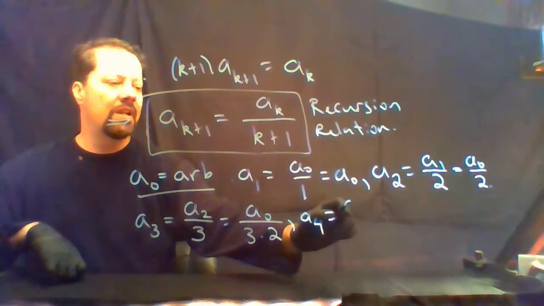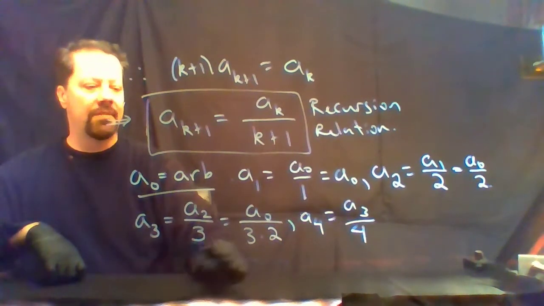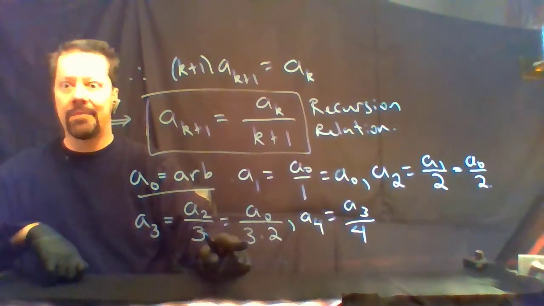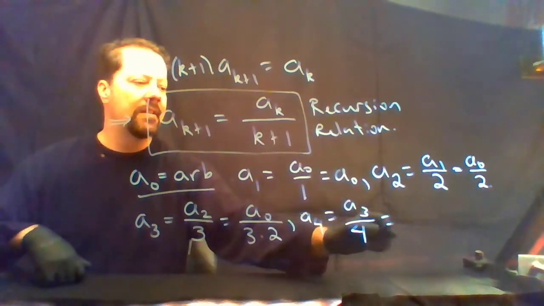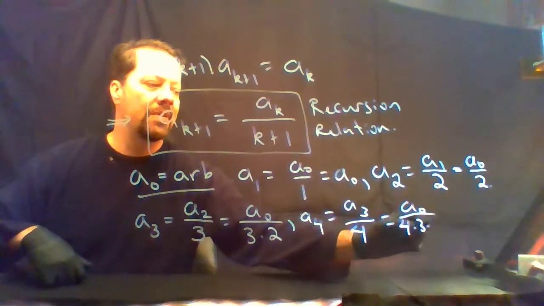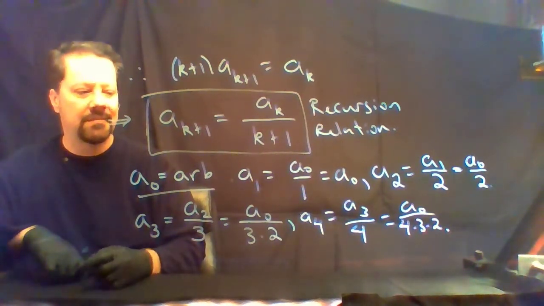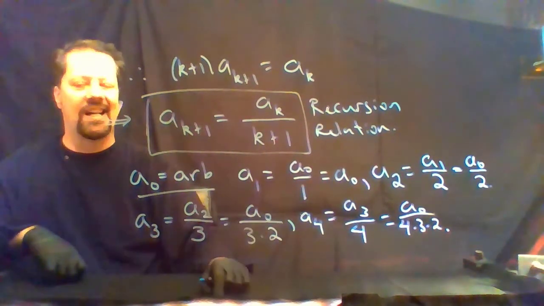a4 is going to be a3 divided by 4 according to the recursion relation, but a3 is a0 divided by 3 times 2. So a4 is going to be a0 divided by 4 times 3 times 2. You should be able to see what's going on now. We're getting factorials in the denominator.